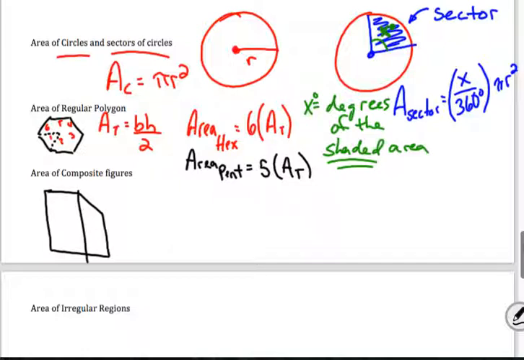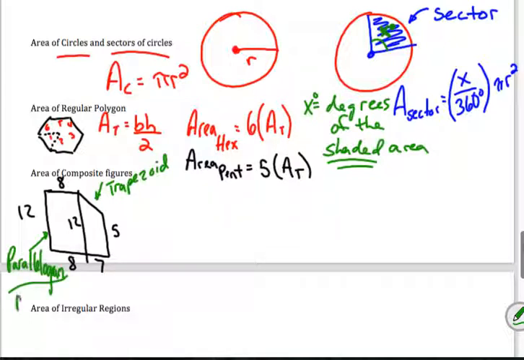So you can cut things in half and use what you know to solve this for a composite figure. So to me, this stuff right here would be a trapezoid, and this one right here would be a parallelogram, or also known as a rectangle.